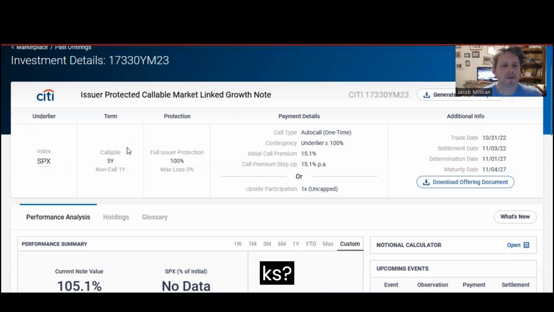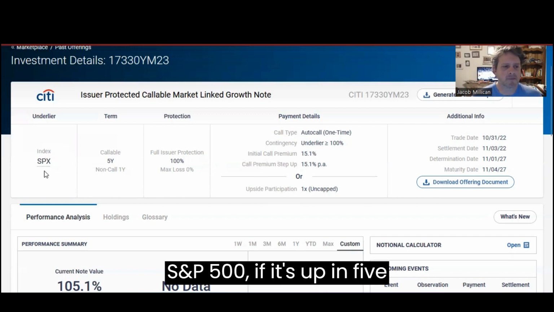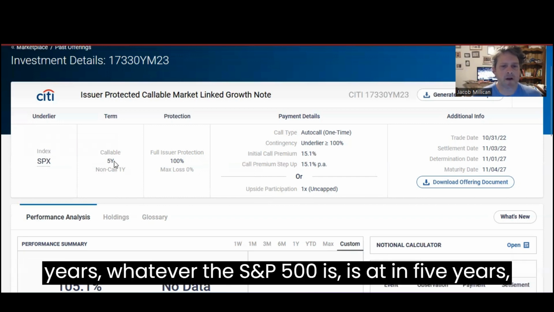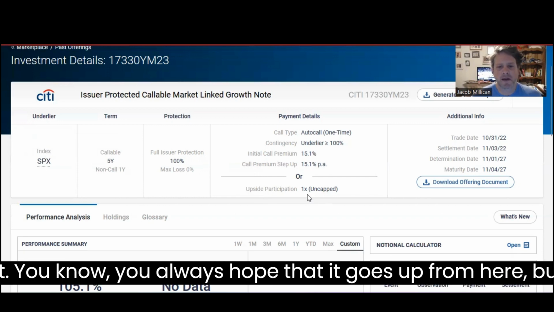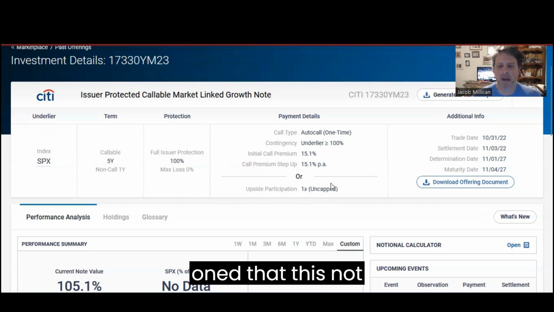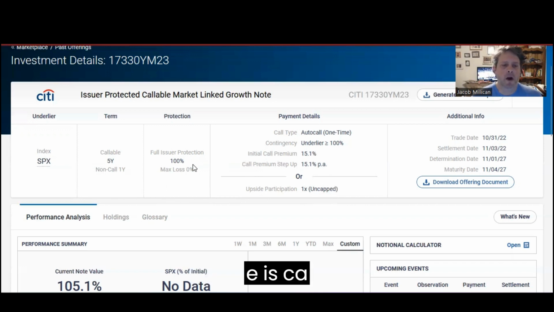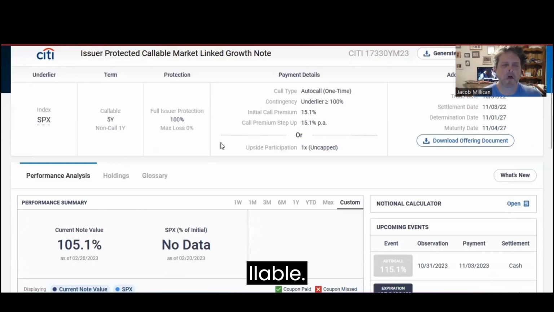Based again on the S&P 500, if it's up in 5 years, you get upside participation times one, not capped. So for 100% downside loss protection in the 5 years, whatever the S&P 500 is at in 5 years, you'll get that full amount. You always hope that it goes up from here.